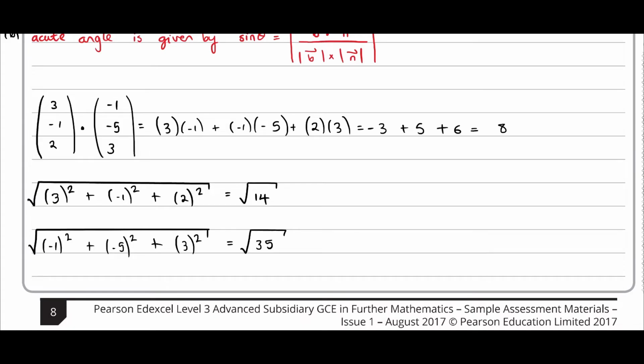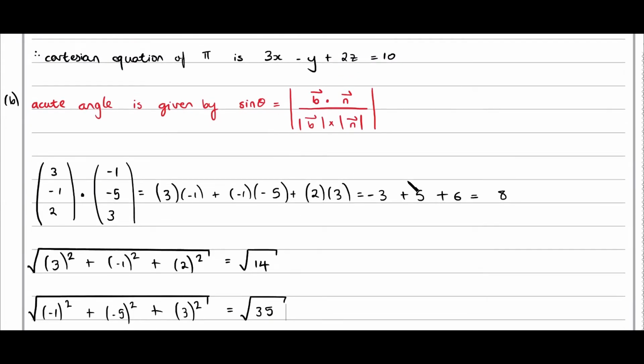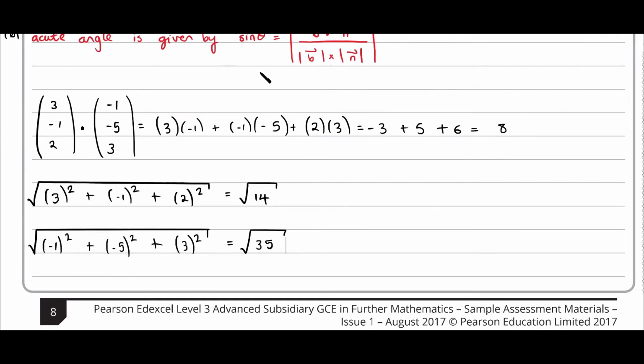And now if we substitute our values into this equation, we can therefore say that sine theta is equal to 8 over the square root of 14 times the square root of 35.